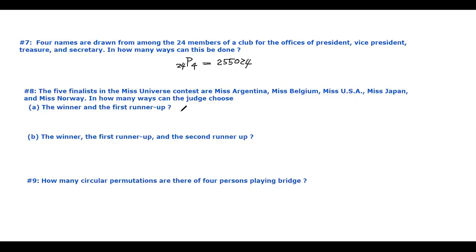Of course I care, right? Because the first one could be the winner, the second one the runner-up. So how many ways can I choose here? This will be P. You'll have 5 finalists. How many do I choose? I choose 2. And then you can calculate this one. This will be 20. You can either use our definitions or you can use the TI calculator.